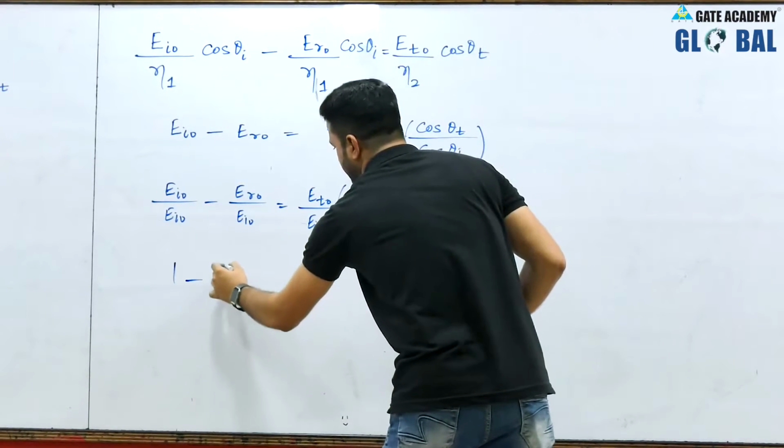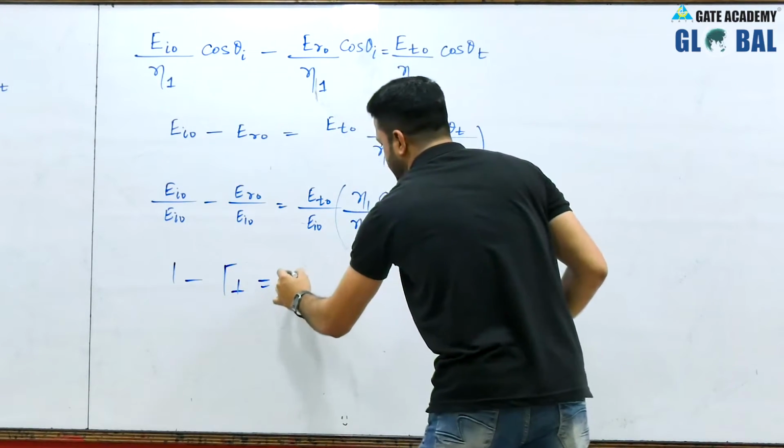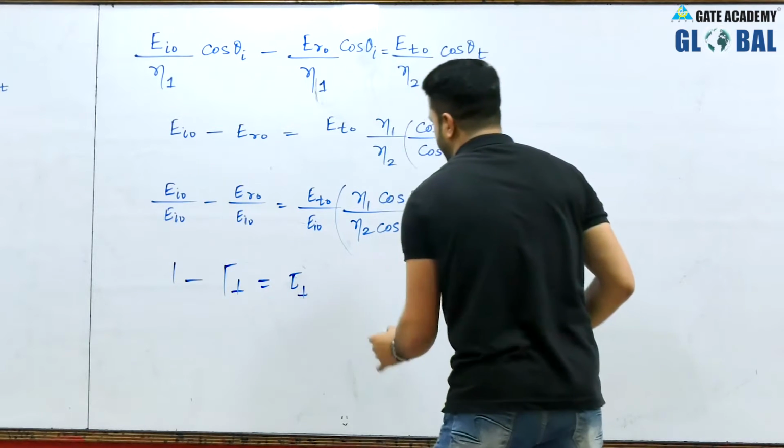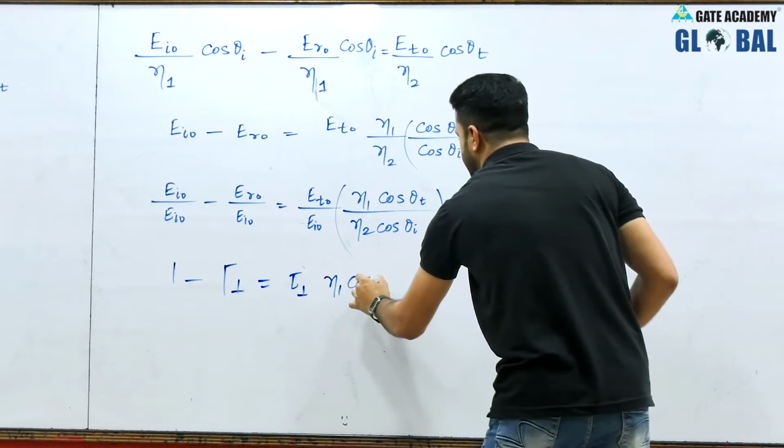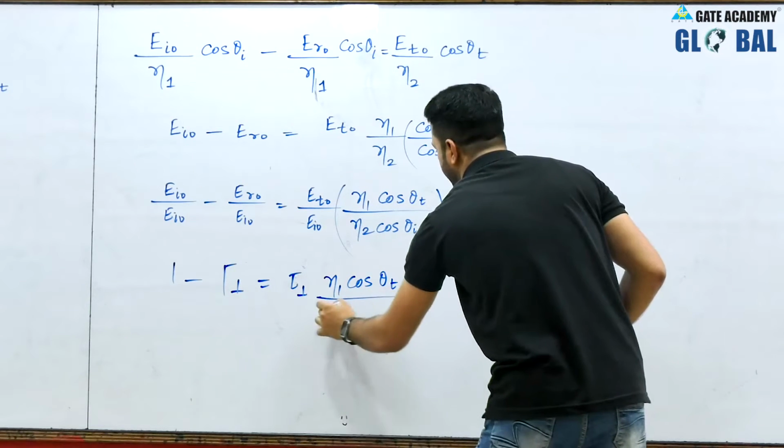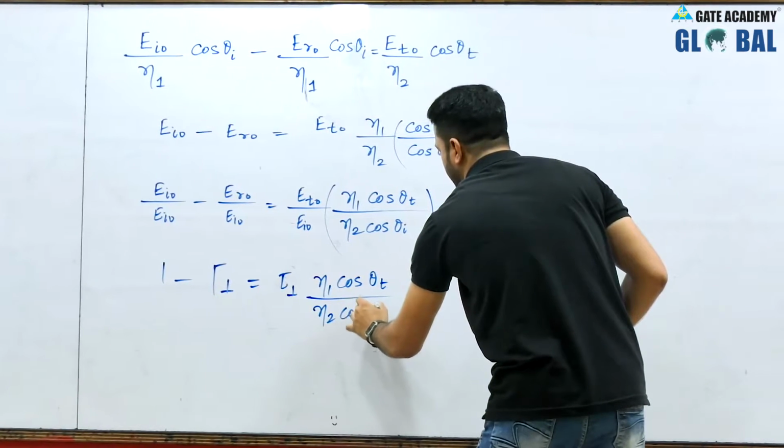This is the reflection coefficient for perpendicular polarized, this is the transmission coefficient for perpendicular polarized, and this is eta 1 cos theta t divided by eta 2 cos theta I.